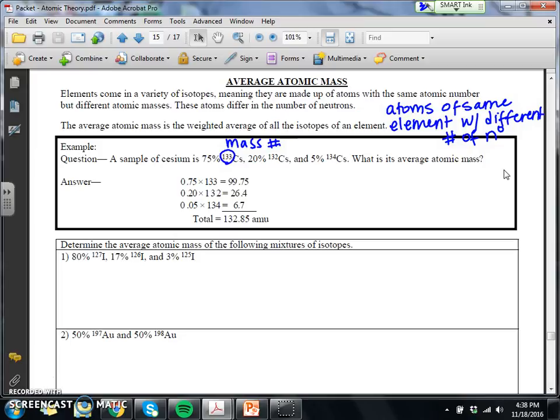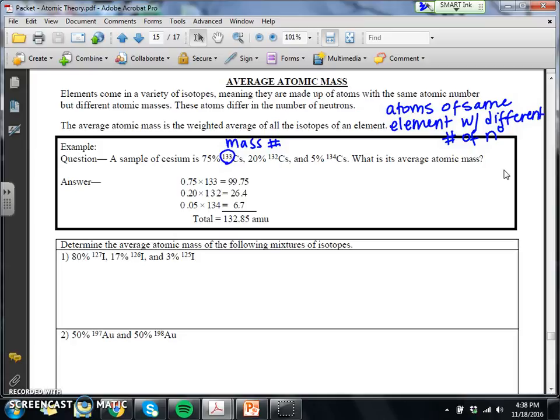Cesium has mass numbers of 133, 132, and 134, so it has 3 different isotopes. They're all cesium. They all have the same number of protons, which is 55. They just all have a different mass because they have a different number of neutrons.